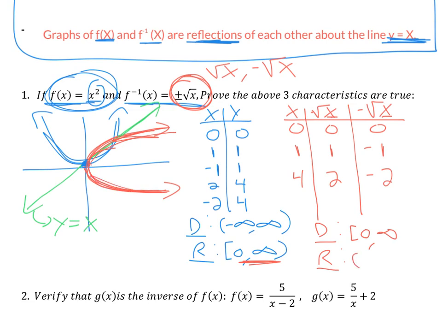So this is negative infinity to positive infinity. All right, so the main thing is that the x and the y values switch for a function and its inverse. Therefore the domain and the range switch, and it's also symmetric to that line y equals x.